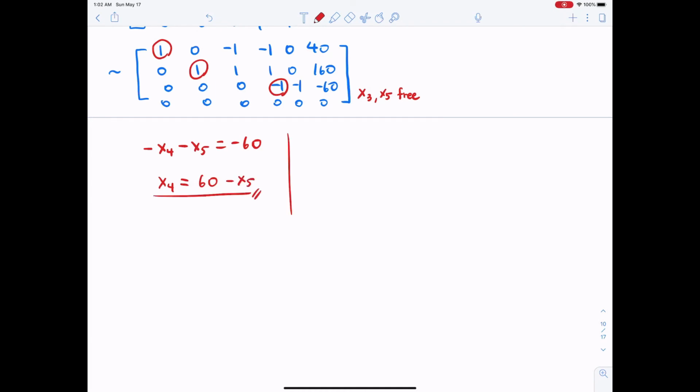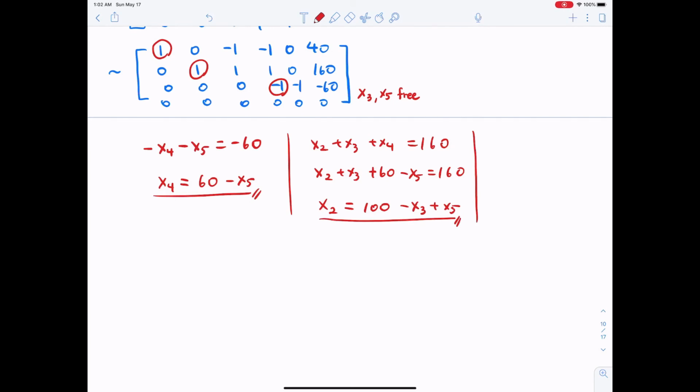Also from the second row, we have x2 plus x3 plus x4 equals 160. We know that x4 is 60 minus x5, so it is x2 plus x3 plus 60 minus x5 equals 160, or x2 equals 100 minus x3 plus x5.